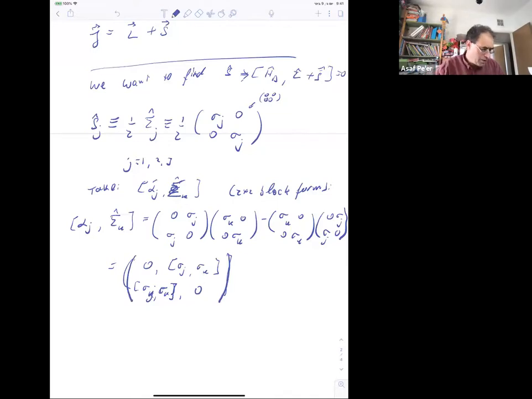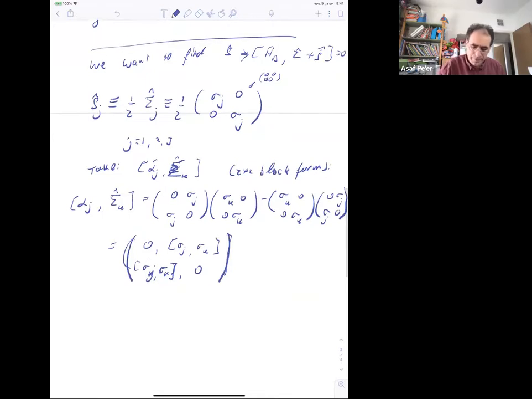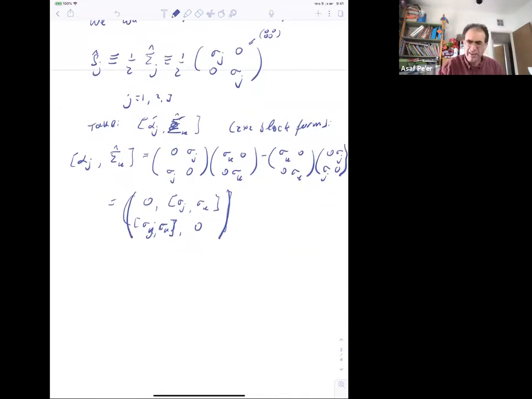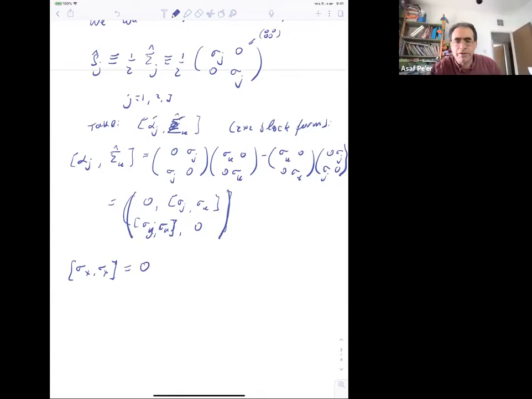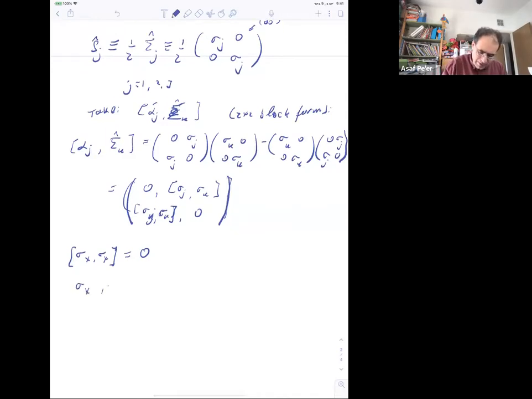Now I'm going to use the commutation relation of the sigma matrices, which are quite straightforward to check. If we haven't, I don't remember if we did it. If not, just check it. So the commutator of sigma x with sigma x is 0, right? Every matrix sigma commutes with itself. Sigma x and sigma y gives 2i sigma z.